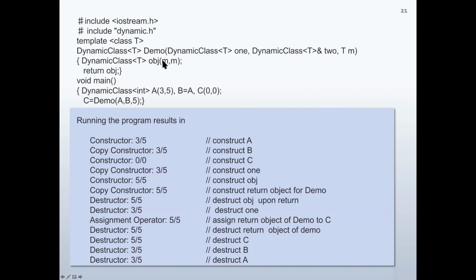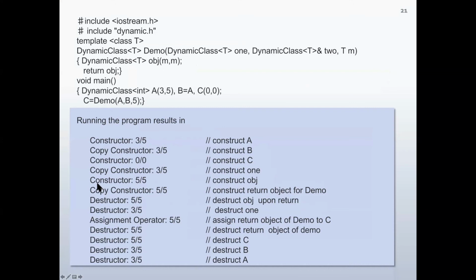Here there is a declaration of obj. M is in the call 5, so the constructor will be called with values 5 and 5. There is a call to the constructor. This is construction of the obj. There is a call to the constructor with values 5 and 5.